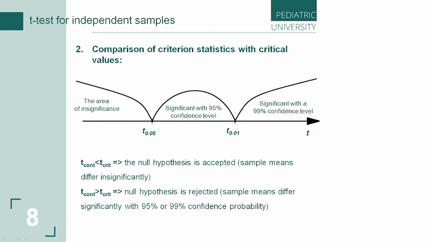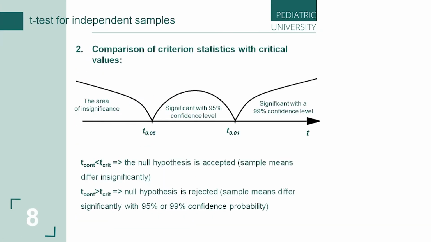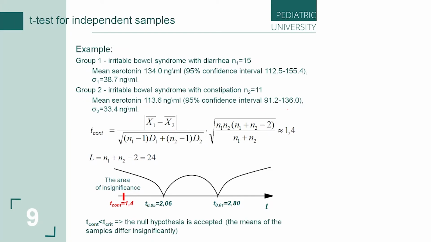So, let's break down with you an example of how the T criterion is calculated. Yeah, this was theoretical information, now practice information. How can we use it and how can we calculate this criterion?